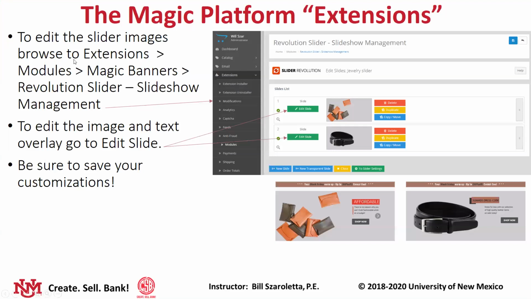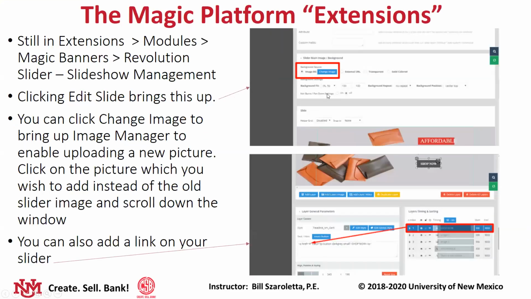With that background, you can go to Extensions, Modules, Magic Banners, then Revolution Slider - Slideshow Management to edit all those settings. And you can see we have here's the 2 images, and these are multiple layers. And you can edit, you can copy, but if you edit that particular slide, you can come up and you can change the image.